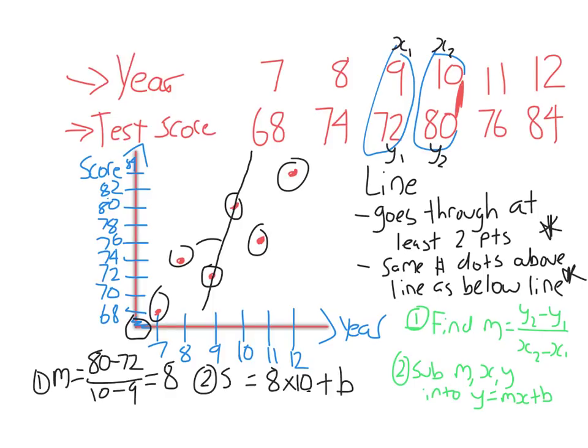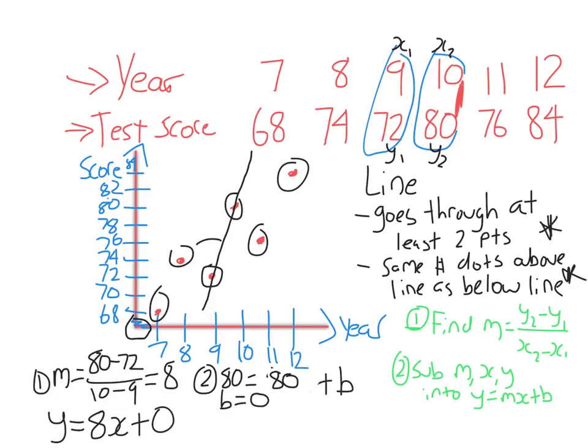So in this particular example, I get 80 equals 8 times 10 plus b. Of course, 8 times 10 is just 80. So I've got 80 equals 80 plus b. That's a simple equation to solve. Subtract 80 from both sides, you get b equals 0. So the equation of this line is y equals 8x.